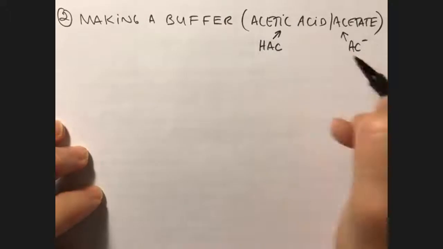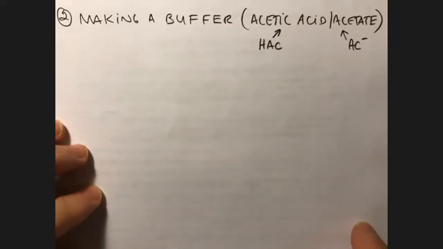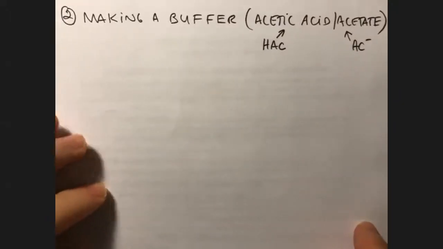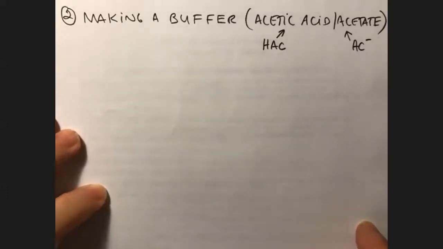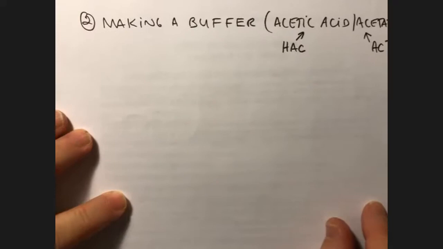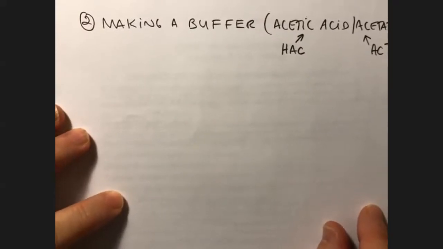So acetic acid, acetate, because the formulas here are not really that important in this case. Again, remember, whenever you're making a buffer, you want to write out the equilibrium in the direction of the ionization of the acid.